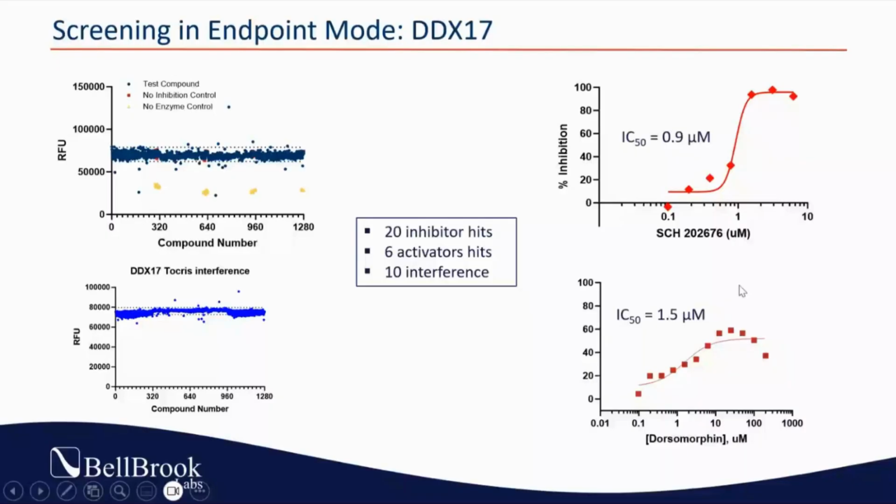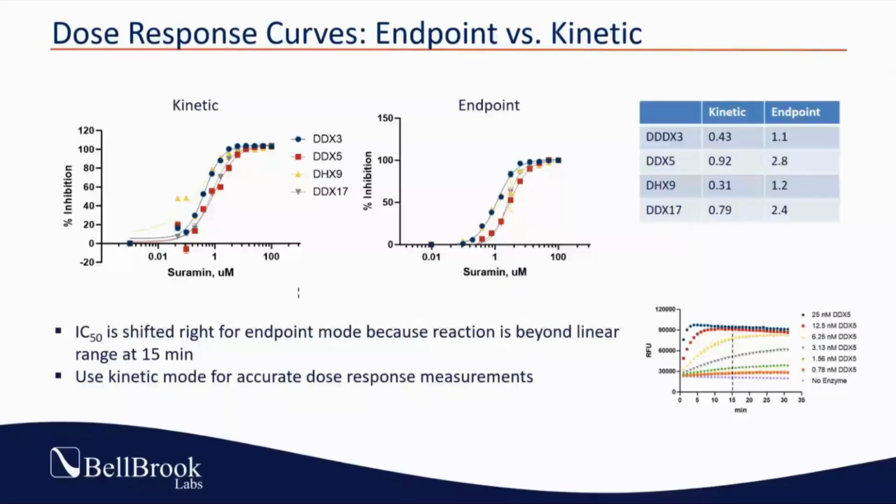So when to use the endpoint versus kinetics for high-throughput screening? I mentioned, for convenience's sake, running the endpoint, I think, is the way to go. We don't recommend it for running dose response, and here's why. So these are dose response curves in the kinetic mode and the endpoint mode. And they look similar, but if you look at the x-axis, in the endpoint mode, it's significantly right shifted.